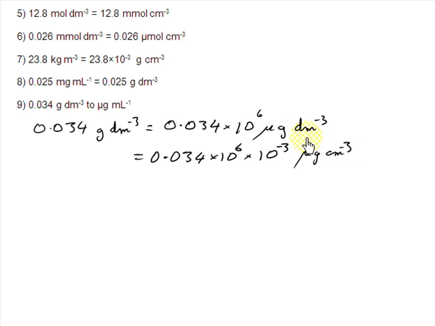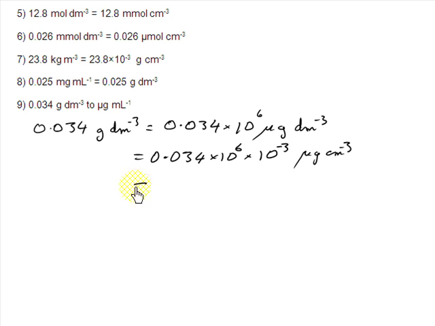If you have a certain amount of material in 1 decimeter cubed, you will only have 1,000th of that material in the smaller volume of just 1 centimeter cubed. So we have to divide this amount by 1,000 or multiply by 10 to the -3.